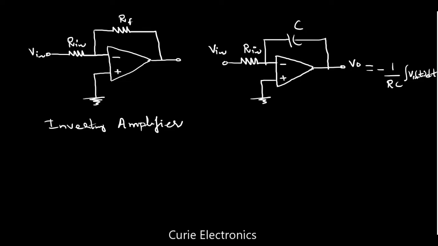Before studying many things about this circuit, what are the uses of this? Why do we have to study about it? See, this integrator circuit is used in analog to digital converters, ADC. Secondly, it is used for ramp generation.